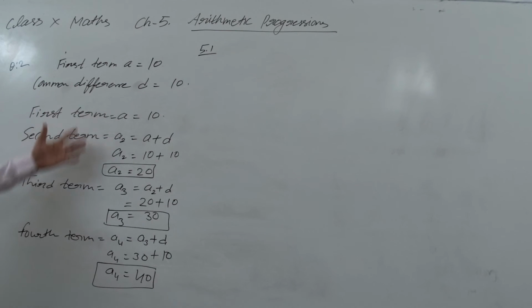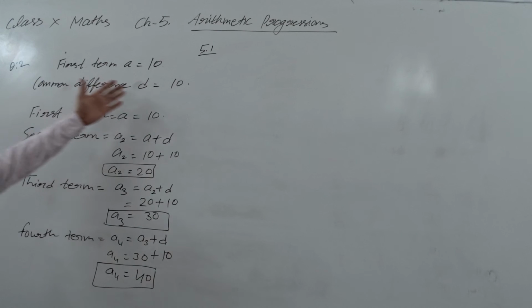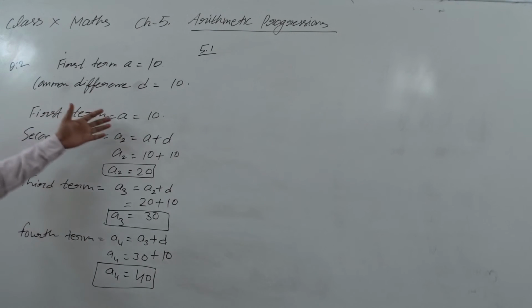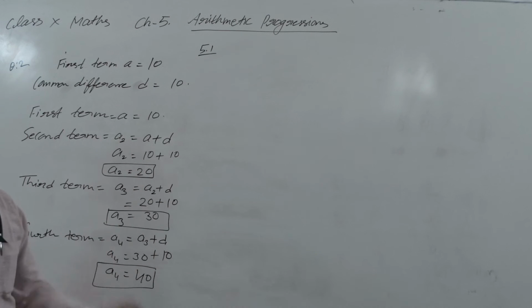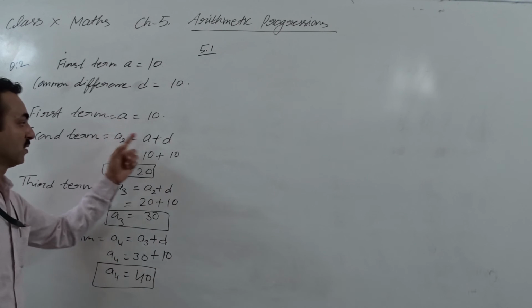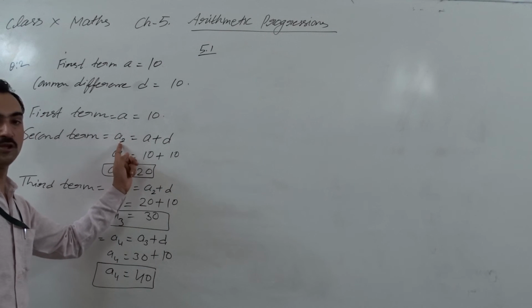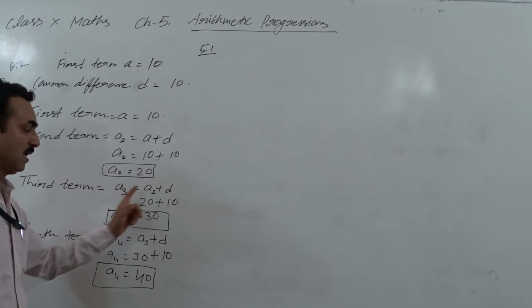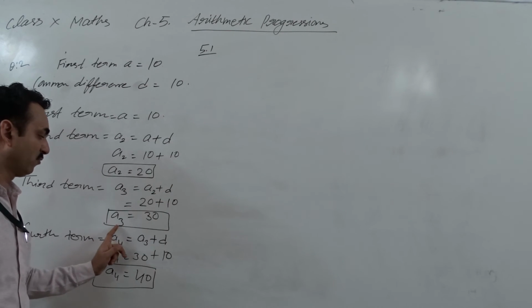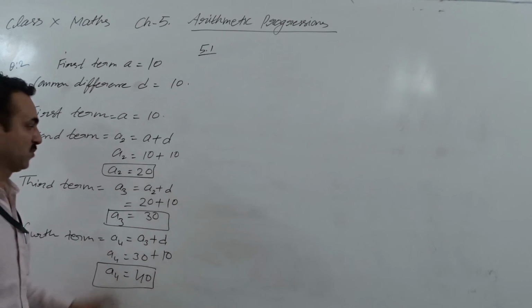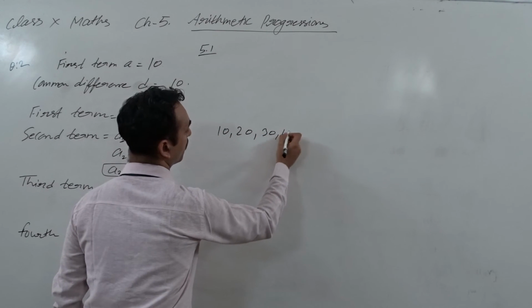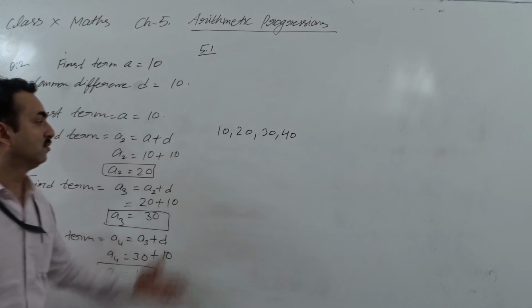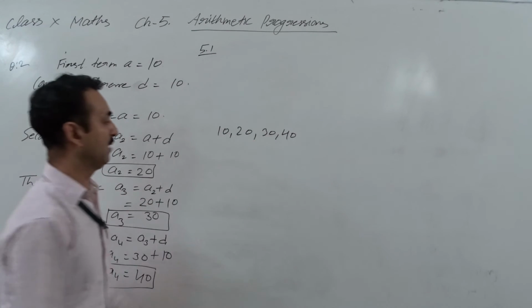Just like this, when the first term and common difference are given, we add the common difference to the previous term: A plus D is A2, then A2 plus D is A3, then A3 plus D is A4. So the AP is 10, 20, 30, 40. These are the first 4 terms of the AP.